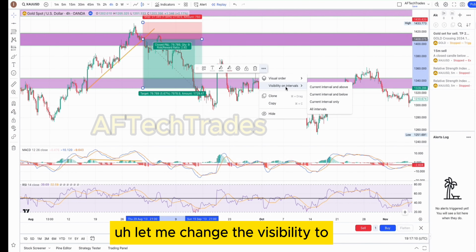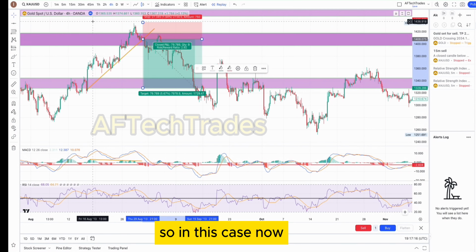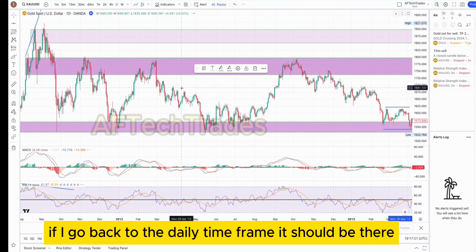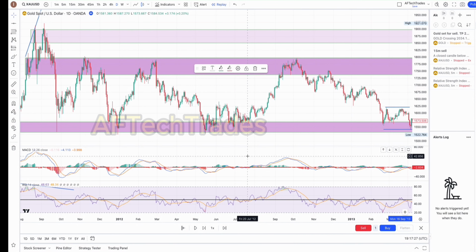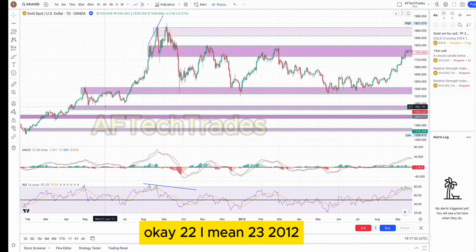Let me change the visibility to, let me do all interval, for example. It's on all interval. So in this case now, if I go back to the daily time frame, it should be there. Where are you? August. What's happening? Okay, 22. I mean 23. 2012.